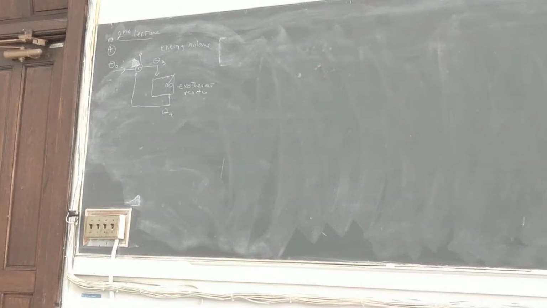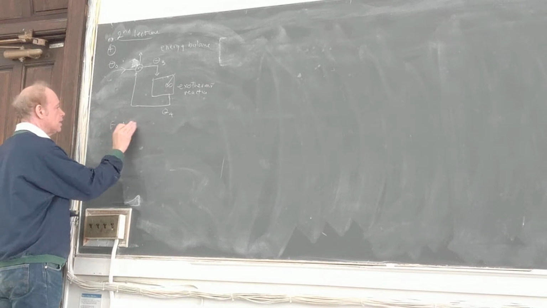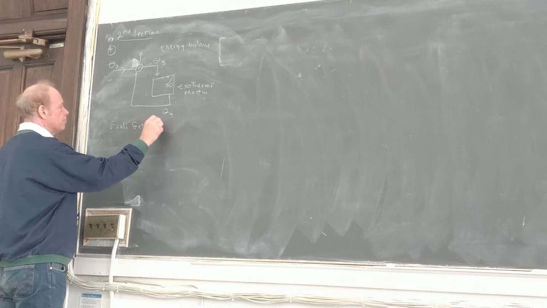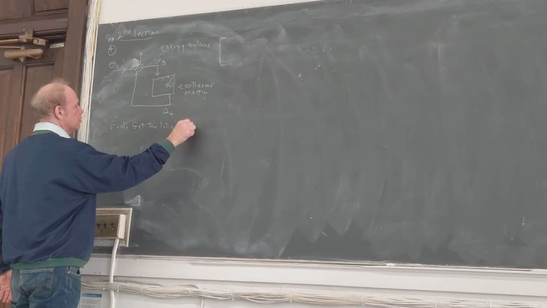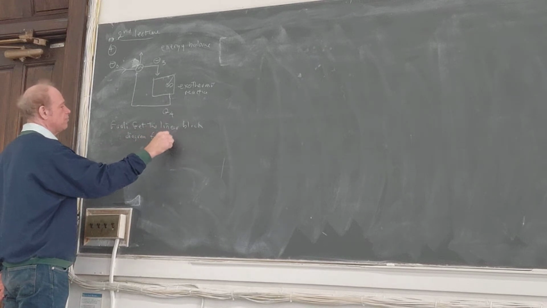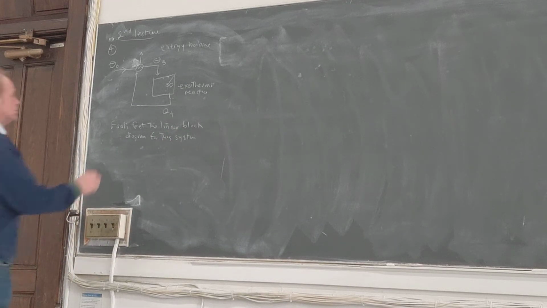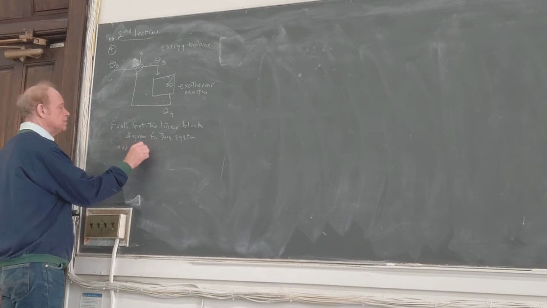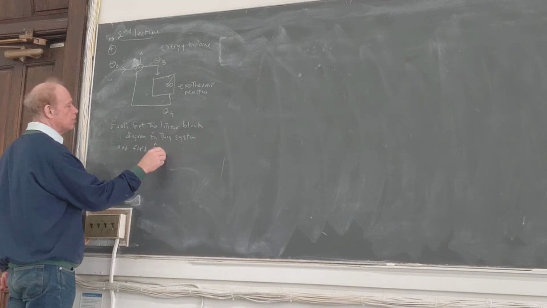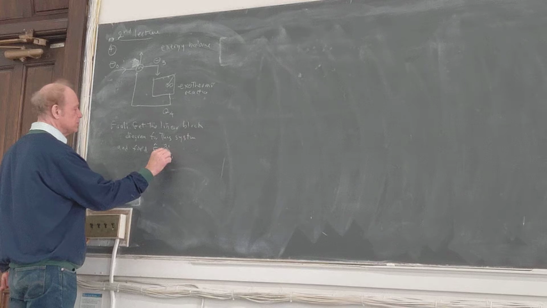Okay, and what we'd like to do is turn this into a block diagram so we can use our G-tildes. So our goal: get the linear block diagram for the system, and find G tilde of theta 4 prime tilde over theta 0 prime tilde.